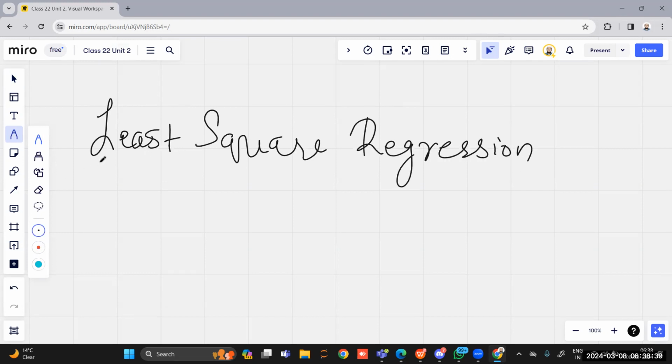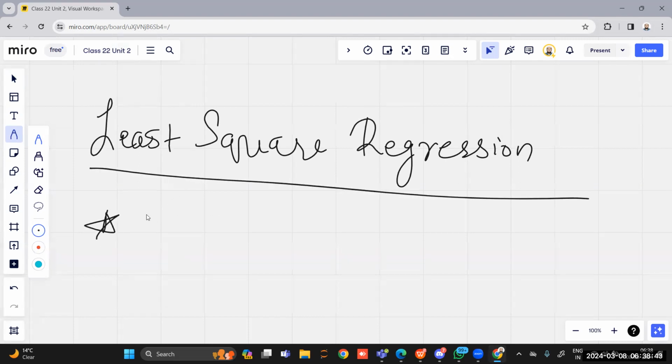Now in today's class, we'll be seeing one topic: how to calculate the value of least square regression.